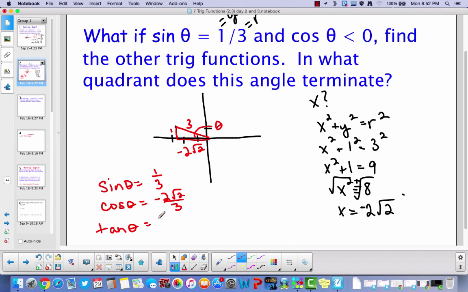So tangent is our y value over our x value, 1 over negative 2 square roots of 2. Now, we really shouldn't leave it like that, so we're going to multiply top and bottom by the square root of 2. And we get the square root of 2 over negative 4.